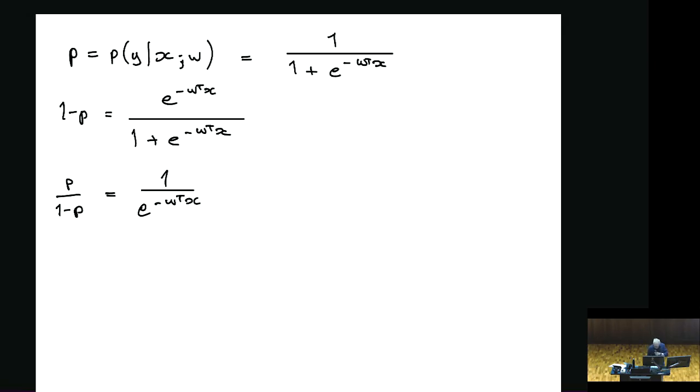And then if I take the log of this, we'll just assume natural logs to avoid picking a base, the log of p over 1 minus p is going to be w transpose x. Okay, so if you work through this, you should be okay.